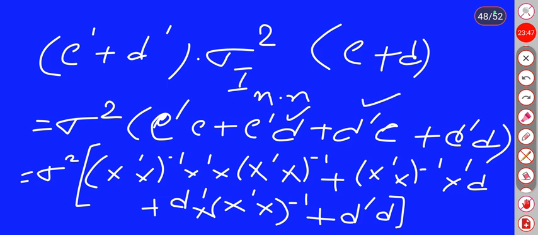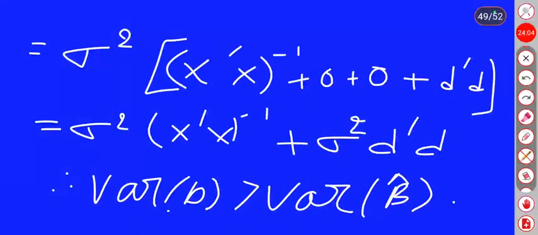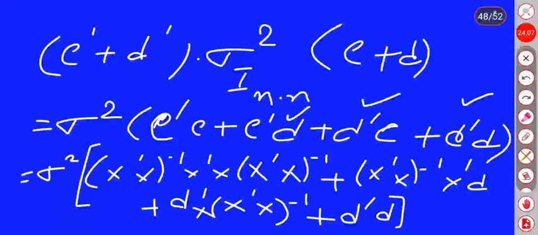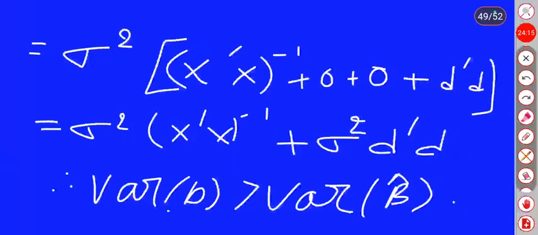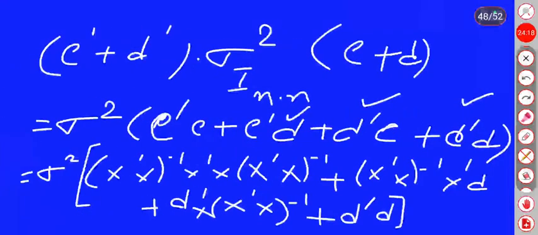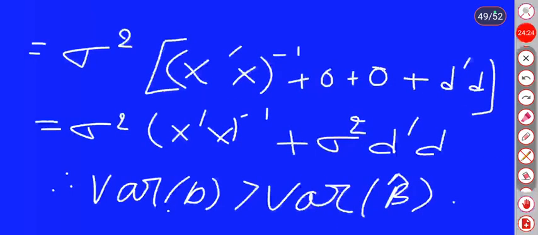And for the third term, d transpose c, that is (c prime) prime, equal to x transpose x inverse, plus the last term d prime d. Because x transpose d and d transpose x are equal to 0, the second and third terms are equal to 0.